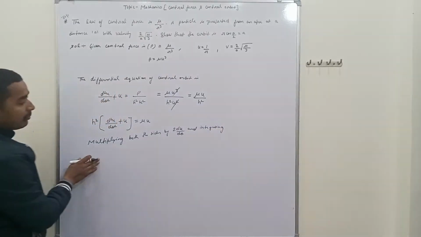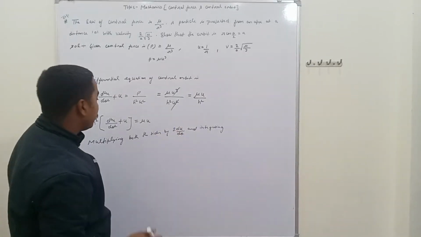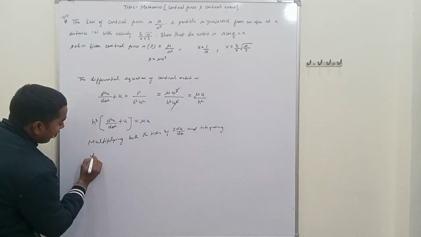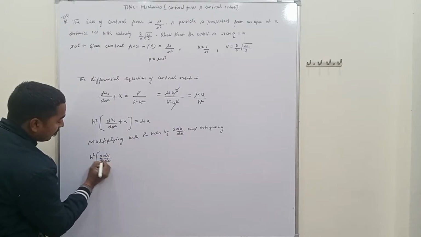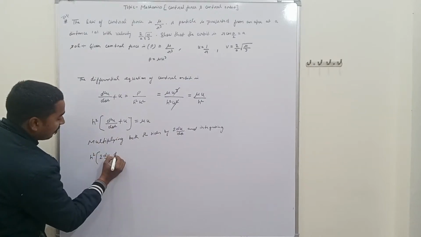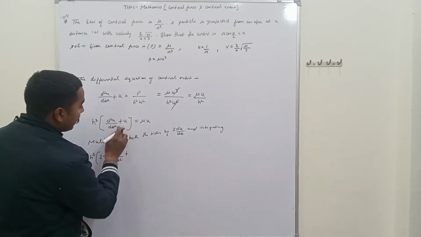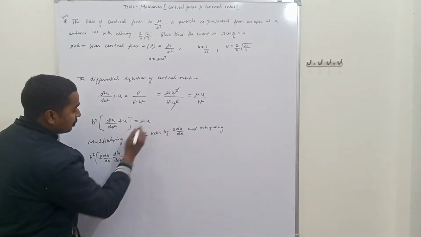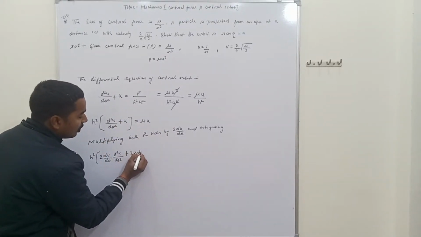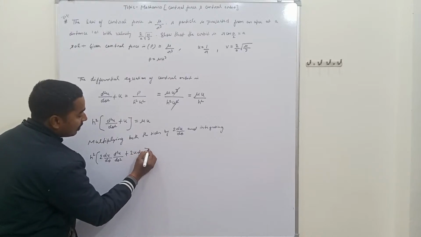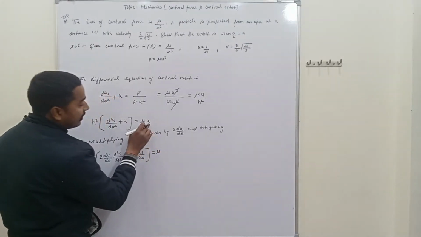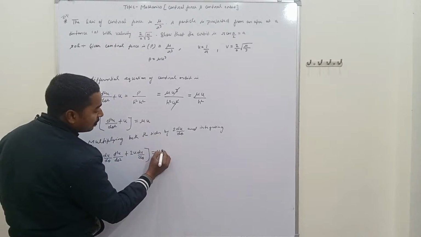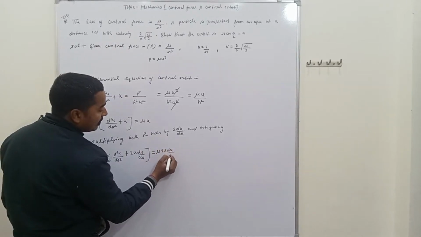First we multiply both sides by 2 du upon d theta, that is h square into 2 du upon d theta into d2u upon d theta square plus u, that is 2u du upon d theta, is equal to mu into 2u du upon d theta.